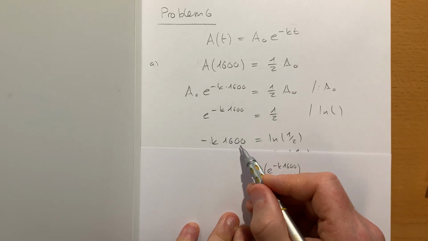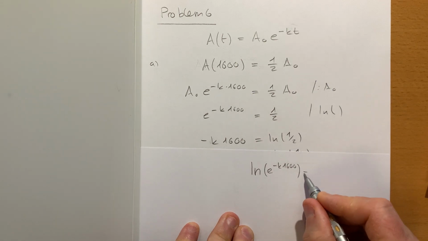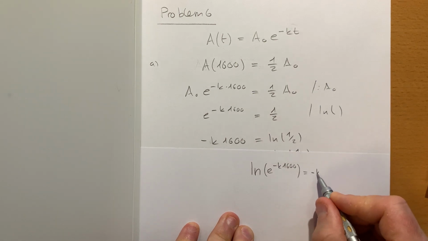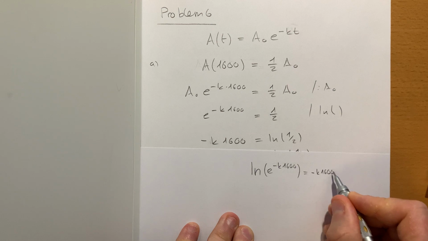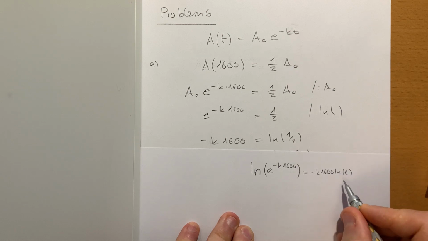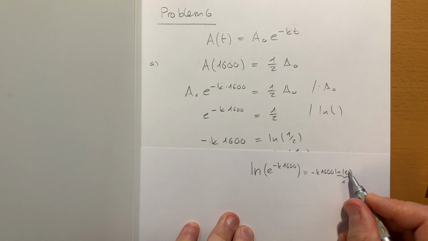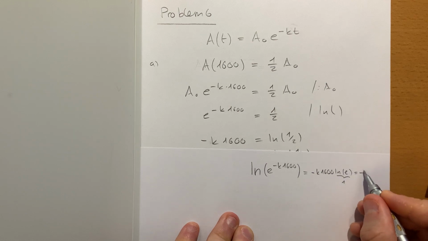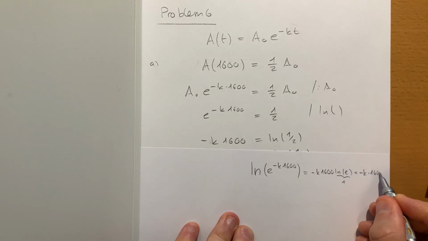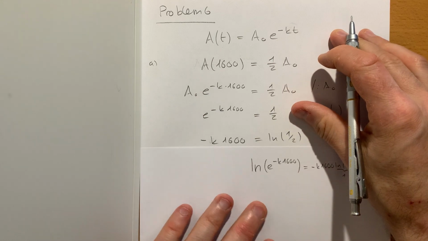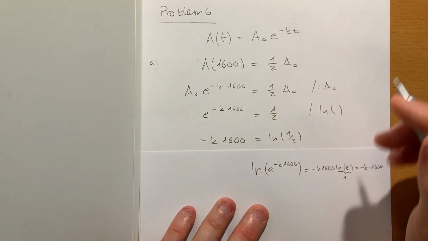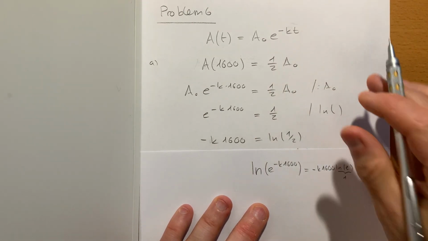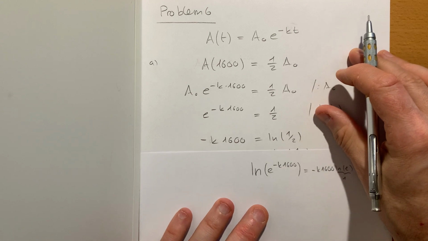Well, it's just minus K times 1600, but you could have done it like this. Now this will be 1 because e to the what will be e. E is just e to the 1, so it will be 1. So you can write minus K times 1600. Okay, now this is what we get. Now we have to divide by minus 1600.